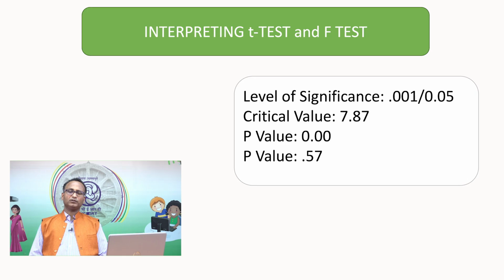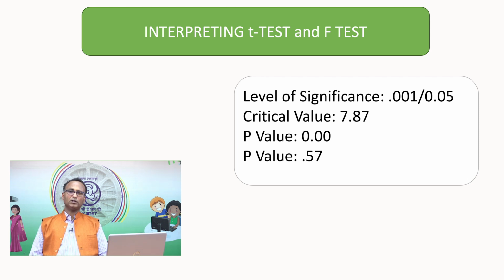But when your probability value is 0.57, 0.57 means there is a possibility of error here. 0.57 means 57% error is there. So, when the p value is 0.00, then blindly you can accept that the t or f test is significant.